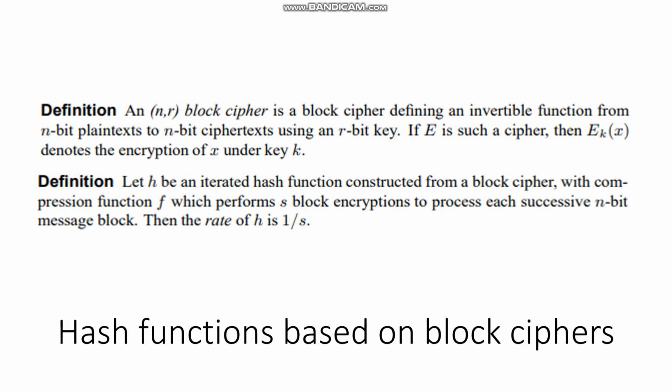In the constructions which follow, the definition that we use is that a block cipher defines an invertible function from n-bit plaintext to n-bit ciphertext using an r-bit key. If E is such a cipher, then E parameterized by k of x denotes the encryption of x under the key k.